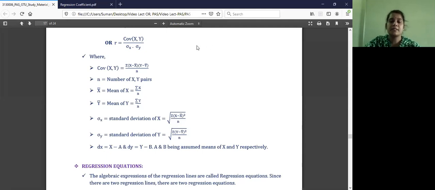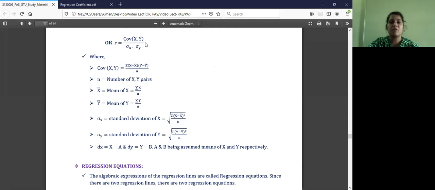In our previous session, we have already seen the different types of formula for the correlation coefficient. Our last formula is r equal to covariance of x comma y divided by sigma x into sigma y.